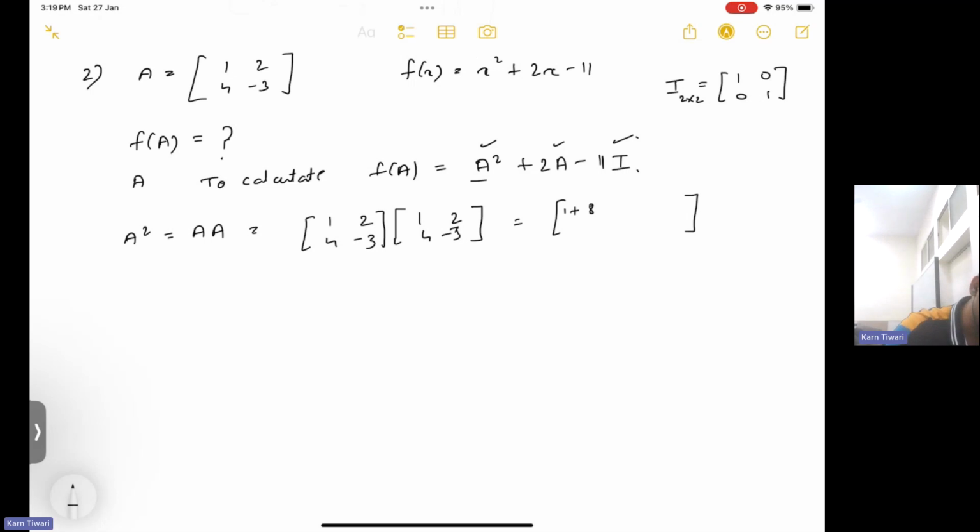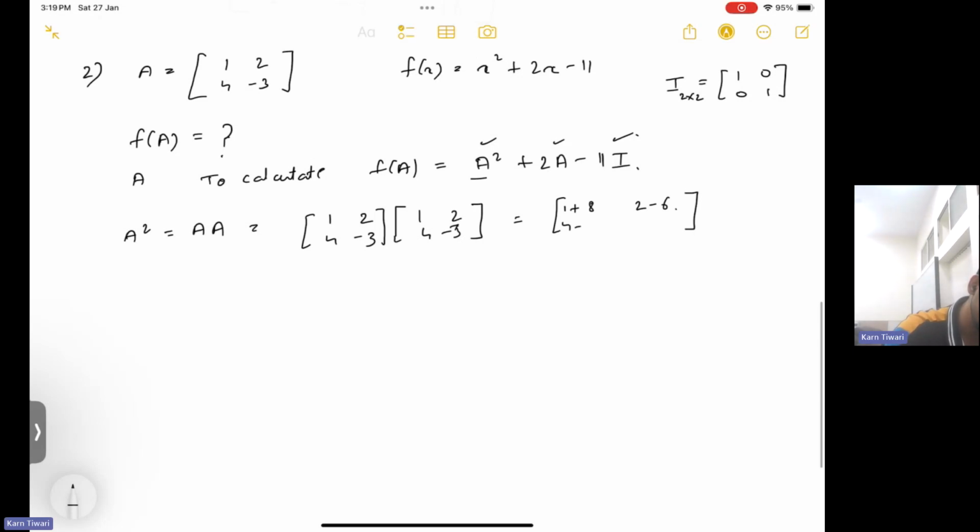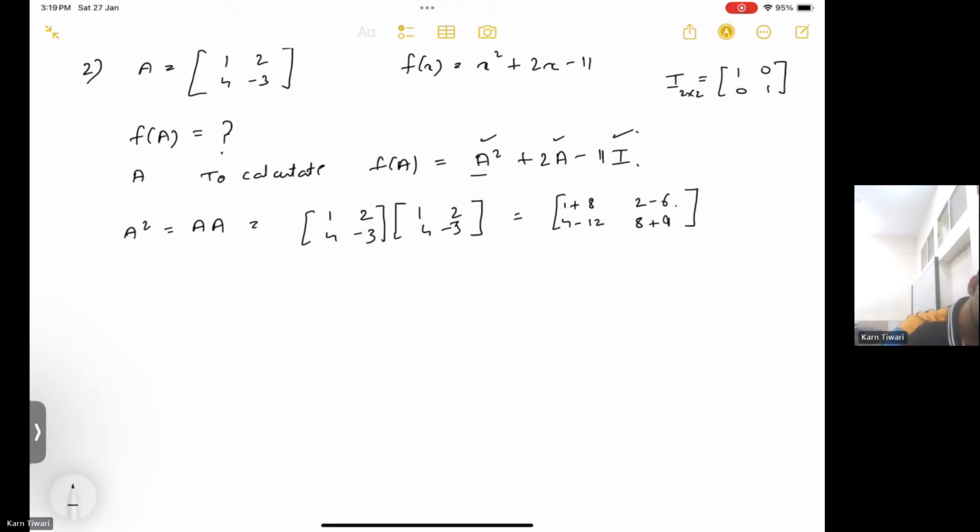Then 1 into 2, that is 2, minus 3 into 2, that is 6. Then 4 into 1 and minus 3 into 4, minus 12. Then 4 into 2, 8, plus 9. So if you compute it, you'll be getting it as 9, minus 4, minus 8, 8 plus 9, that is 17.